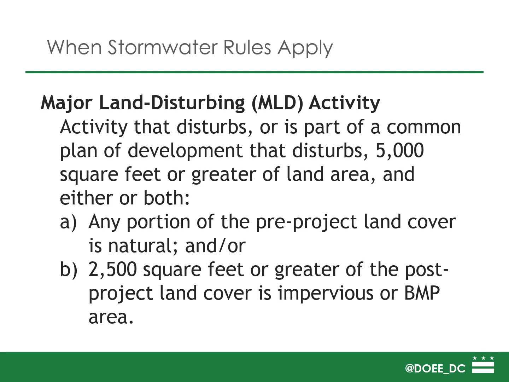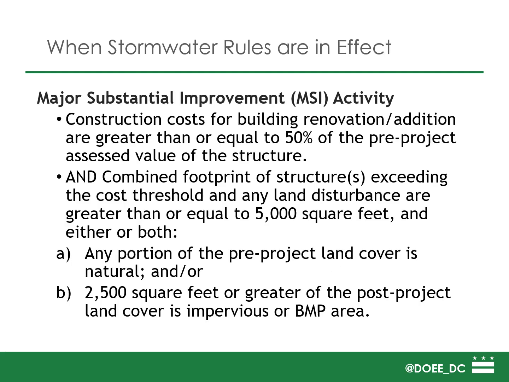And this is defined as any activity that disturbs, or is part of a common plan of development that disturbs, 5,000 square feet or greater of land and has either any portion of the pre-project land cover as natural or a 2,500 square foot or greater post-project land cover that's impervious or BMP area. So if it meets these conditions, then the site activity is considered major land disturbing activity, and it's regulated to the 1.2 inch precipitation depth.